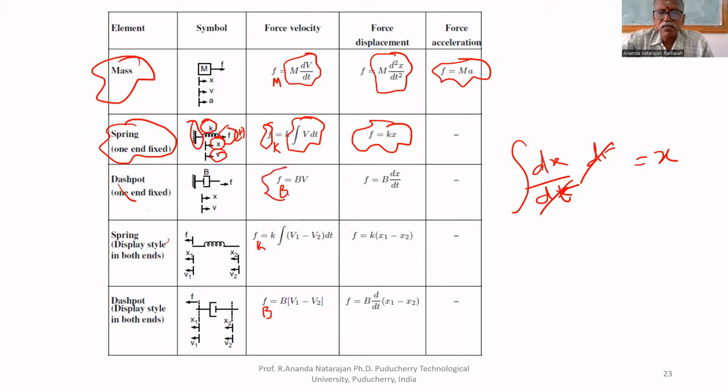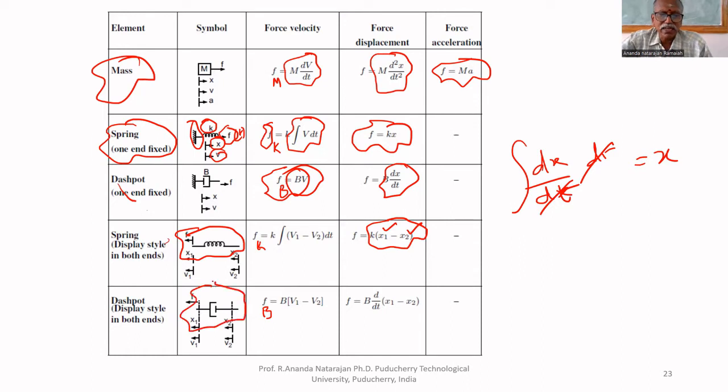If it is a dashpot, here also one end is fixed. In that case, dx by dt is the velocity, so the force is bv. Similarly, if both ends are free, then for the spring it is k times x1 minus x2, or if you know velocity instead of displacement, the integral of v1 minus v2 dt.